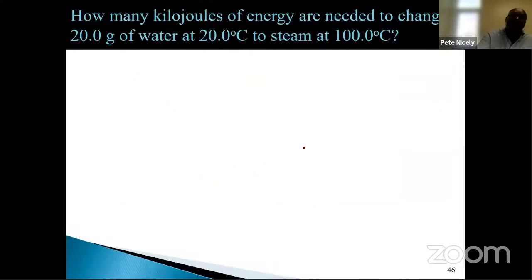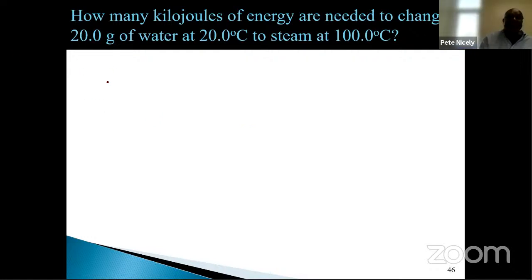Okay, so based on what we have just talked about, we should be able to do this example. This question is asking, how many kilojoules of energy are needed to change 20.0 grams of water at 20 degrees Celsius to steam at 100 degrees Celsius? So again, we have to break this down into different parts.